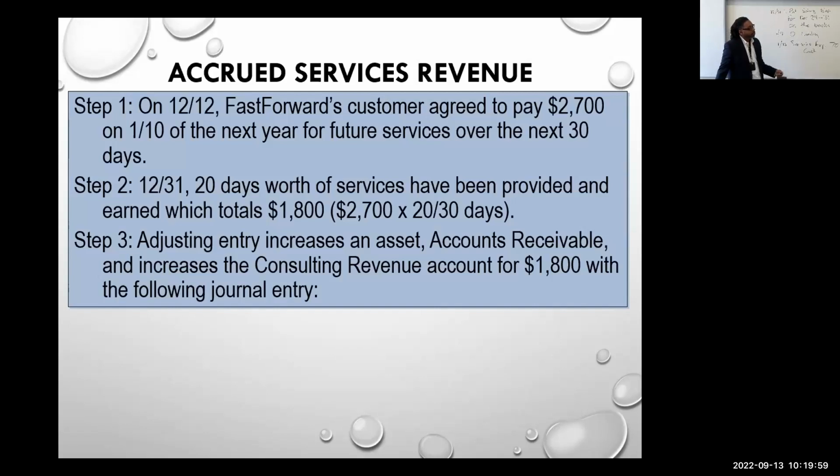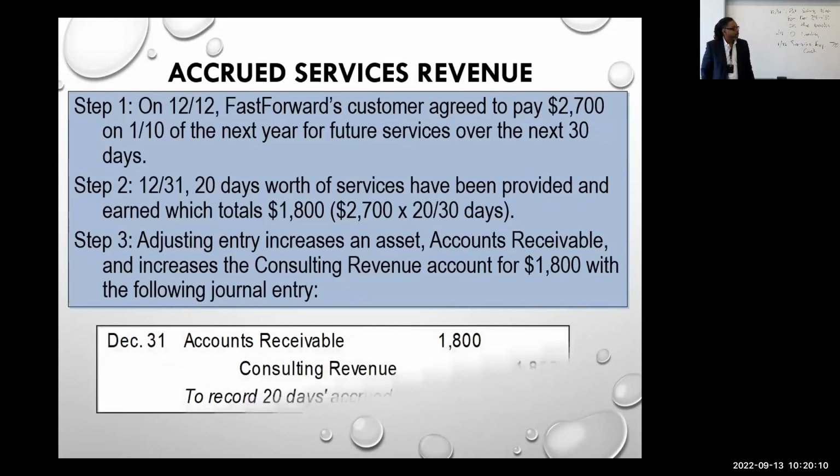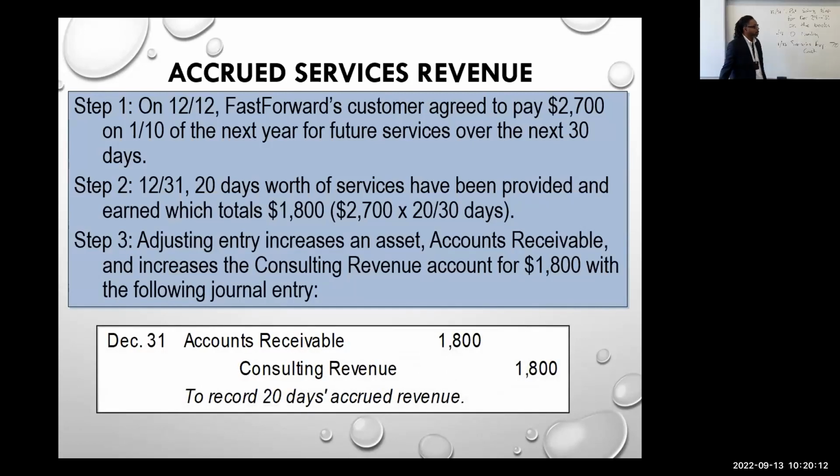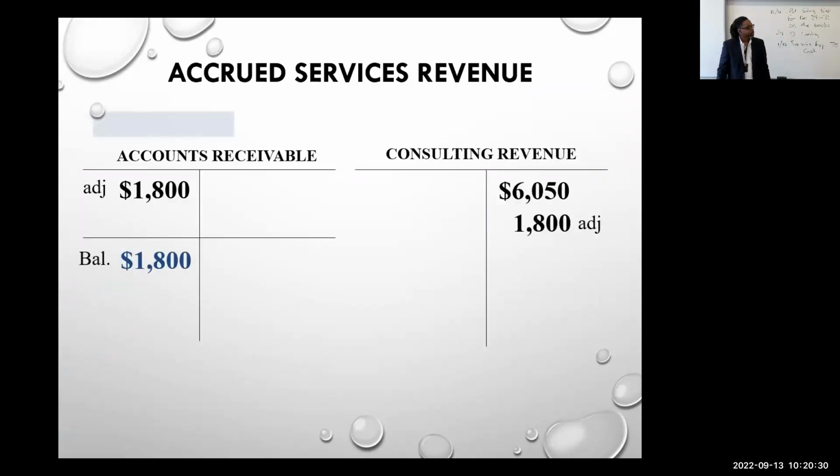So December 31st, 20 days worth of service have been completed, which would have given them $1,800, 20 out of 30 days. So the adjusting entry for that needs to be a debit to accounts receivable for $1,800 and a credit to consulting revenue. So you're saying, hey, we finished the work, they actually owe us the money, and we're accruing it into the year that we've done it. That makes sense? This is the T account.